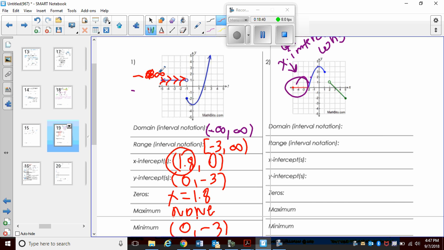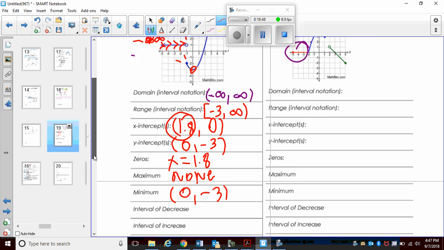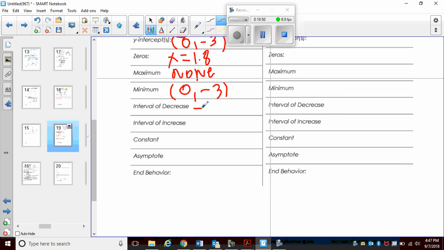So negative infinity to negative 1, it's constant. Then from negative 1 over to 0, it's decreasing, right? From 0 to infinity, it's increasing. And it's constant from negative infinity to negative 1.